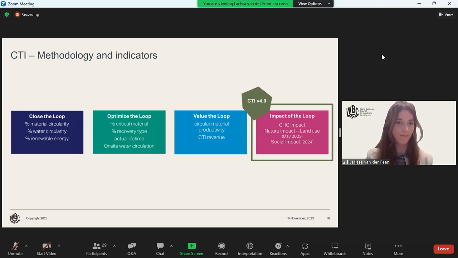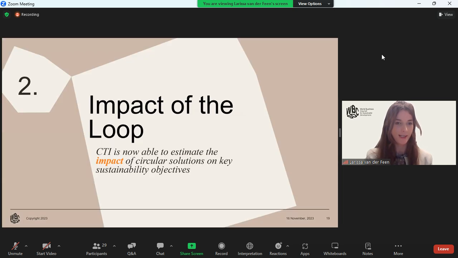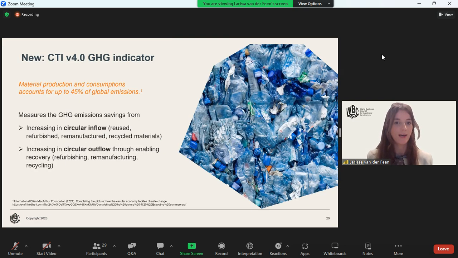Now I have one slide for you. I'm going to skip forward a little bit. Yes. So we have the circular transition indicators report that is to download off our website.